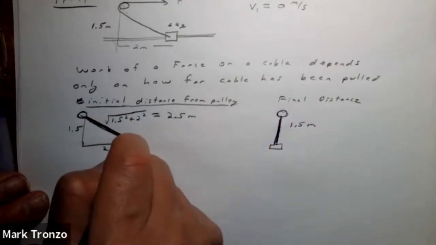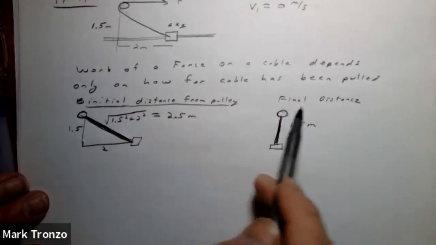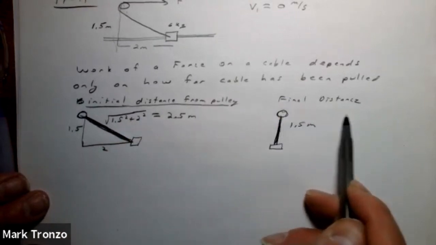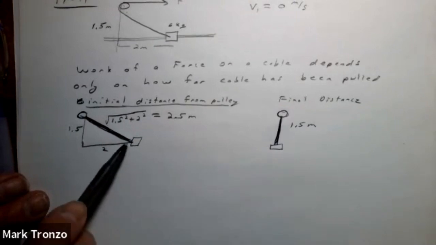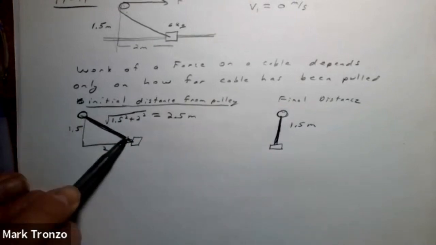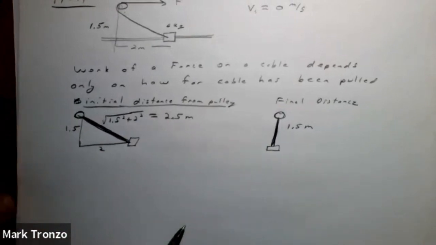So the collar started over here. And if you want to figure out how far the cable was pulled, it'll be just the difference between this length and this length.